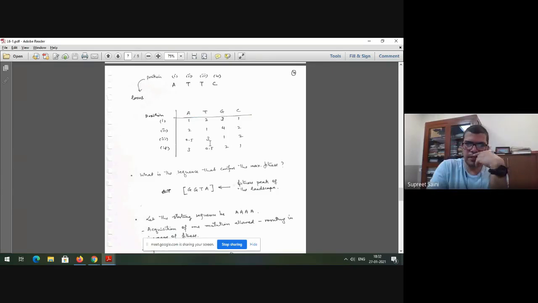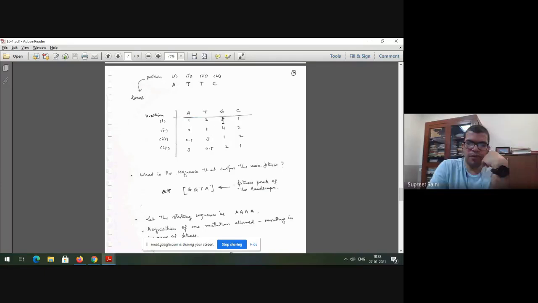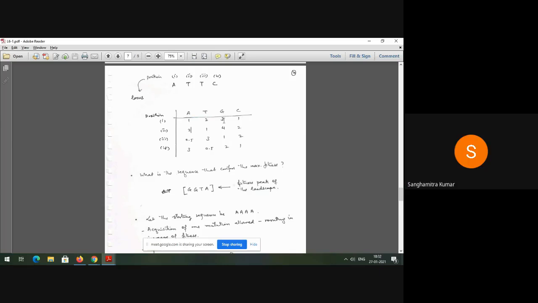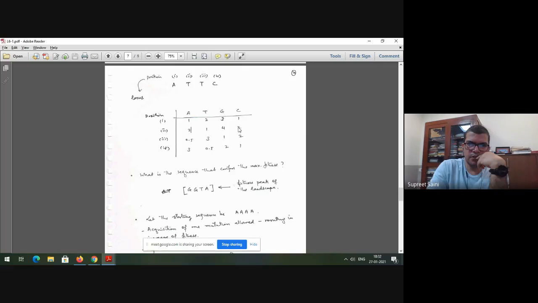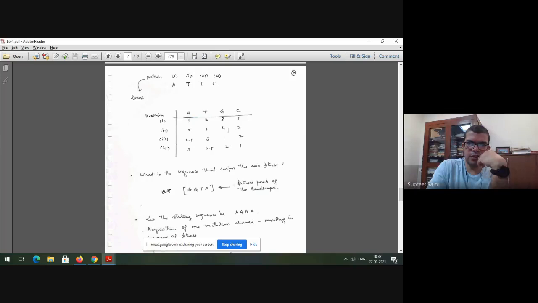GCTT, perfect. Then, TATT. Well, we have already said we are at GCTT. So from G, we won't go to T because that's a decrease in fitness, right? GCCT. Didn't we say we are at GCTT? Okay, no, right? Because we are at T here.